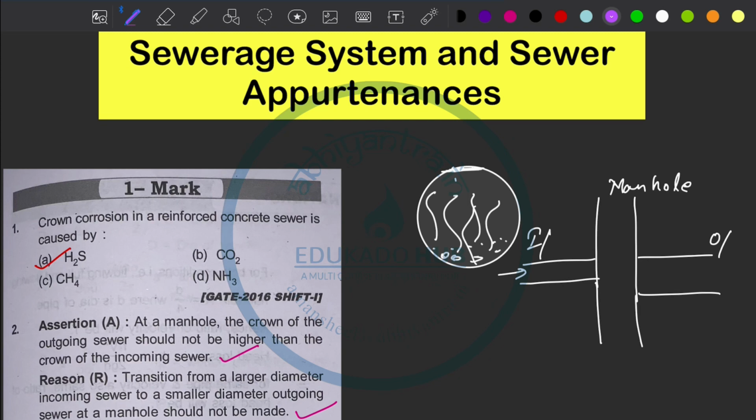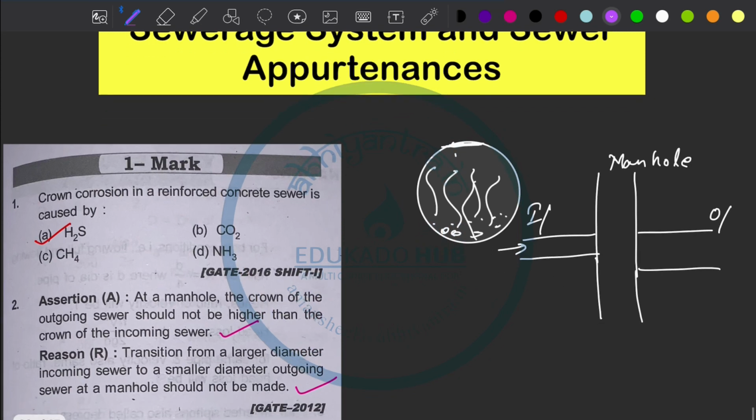If incoming is large and outgoing diameter is small, there will be choking, obviously, because the diameter is not that much, and from incoming the flow is coming at a higher rate. So I can say the option B, which is not mentioned here, but the option B should be that assertion and reasoning both are correct, but the reason is not of the assertion.